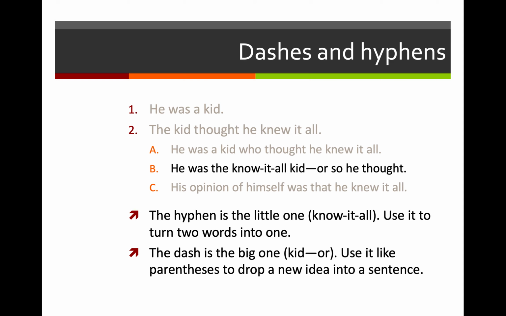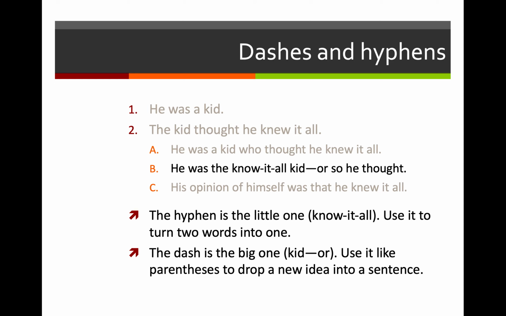I want to say a word about hyphens and dashes. The little ones between the words know-it-all, I've used those to string three little words together and treat them as if they are one word. Know-it-all is now an adjective modifying kid. It's all one word grammatically. The dash, the big one, is very different. It works something like parentheses. Parentheses tend to whisper.